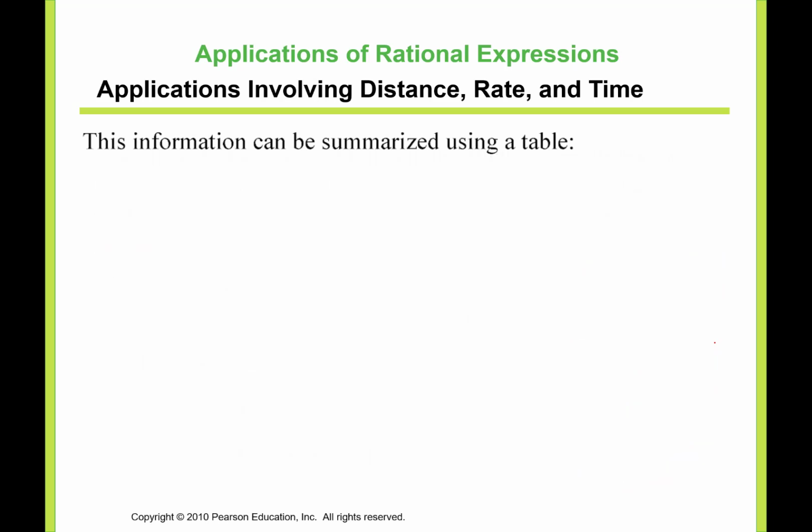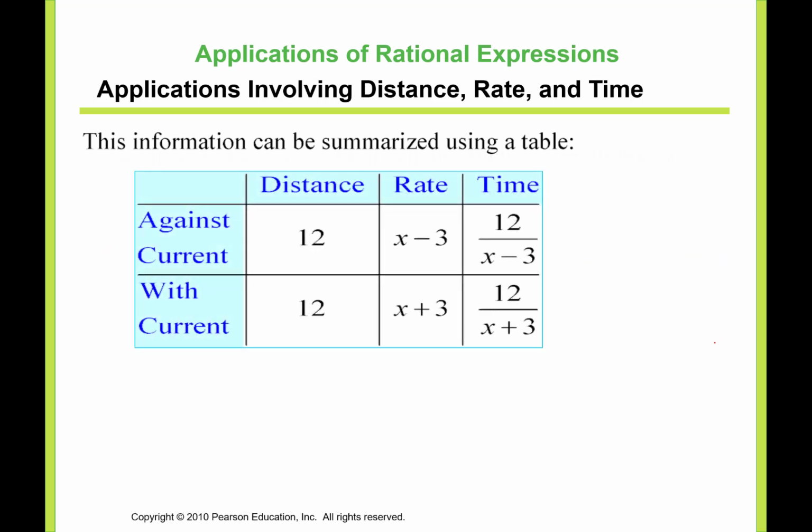All right, so let's run through that now. It is always nice to have a little table right here, because it makes life significantly easier. Notice this is the rate upstream, this is the rate downstream with the current. And we know that the total distance is going to be 12.